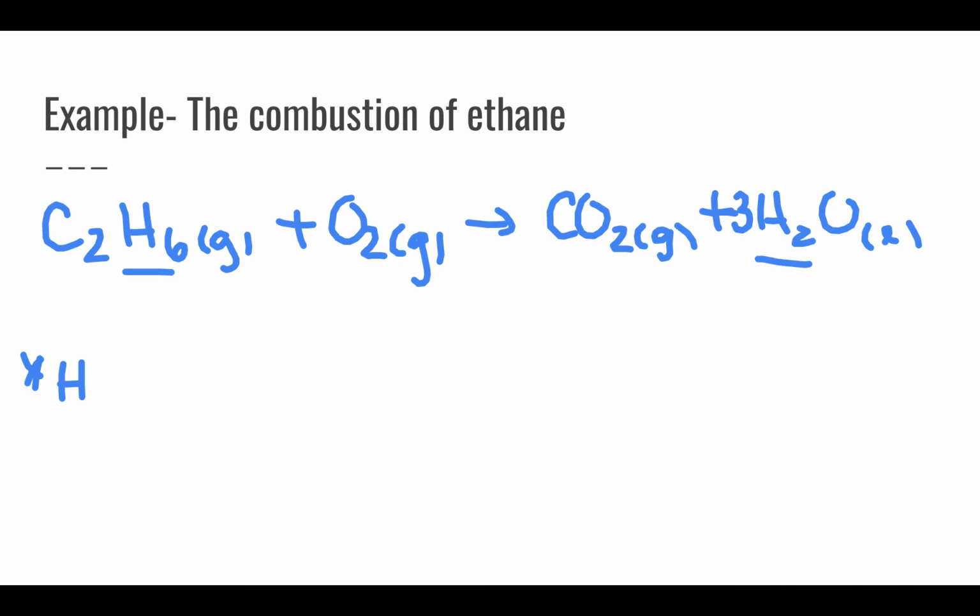But then just skipping over to oxygens for a second, if I go to balance out my oxygens, the left-hand side is always going to be even. If we're adding an even from carbon dioxide with an odd number from the water, the right-hand side would be odd. So to get around that, you just double your hydrogens.